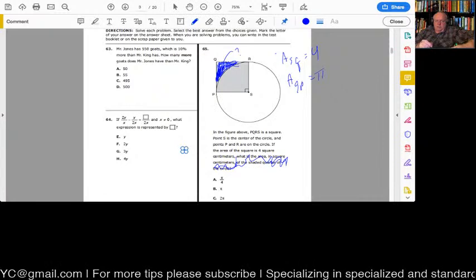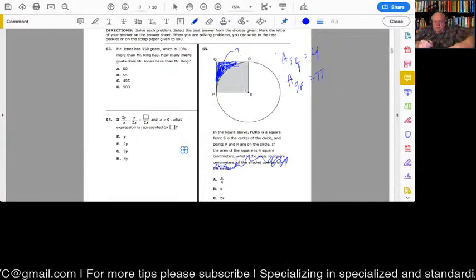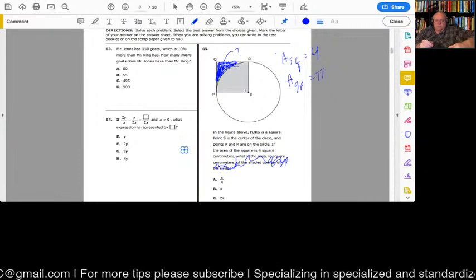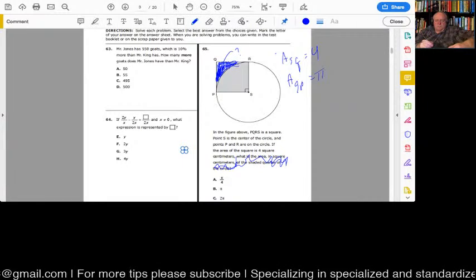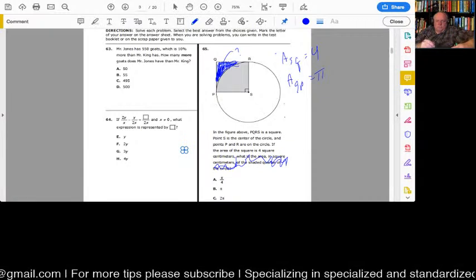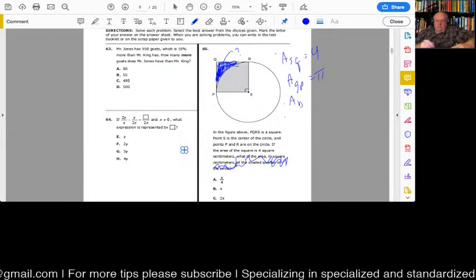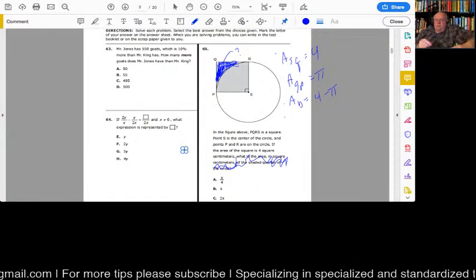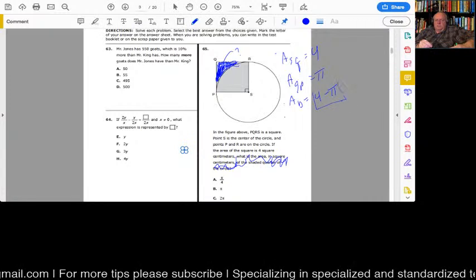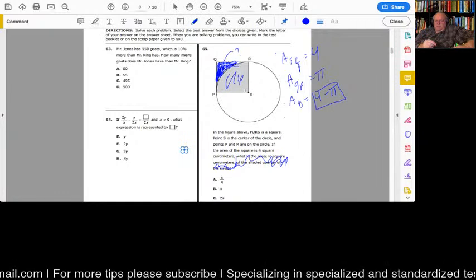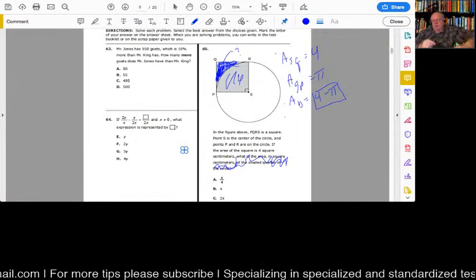So therefore, the area of the blue must be 4 minus pi. That's it. That's the area. That's the answer. It's the area of the square minus this part here. So that's like our 5th variation of the question.